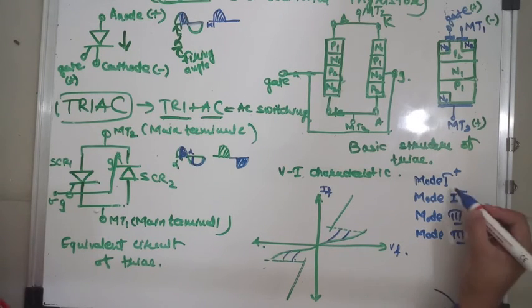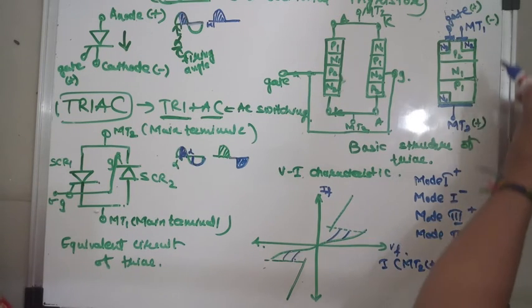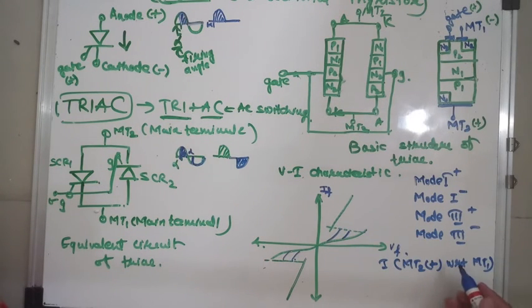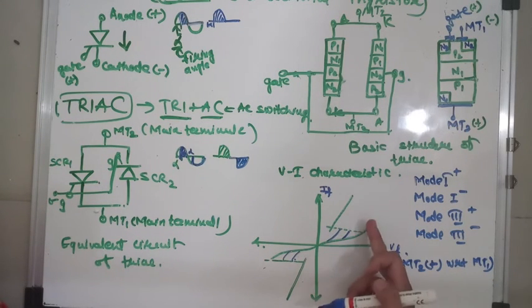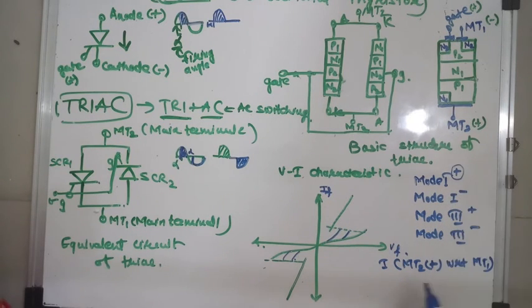Now what is 1? 1 indicates MT2 is positive with respect to MT1. At that time the characteristics lie in the first quadrant, so the first is there. And what is positive? Positive indicates a positive gate pulse.